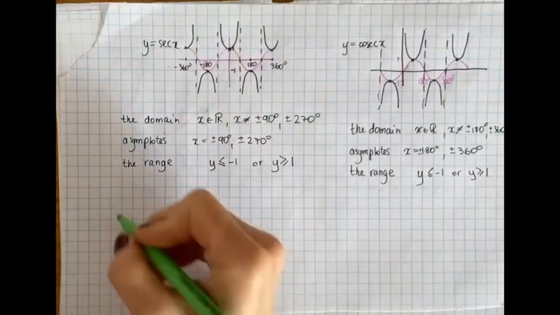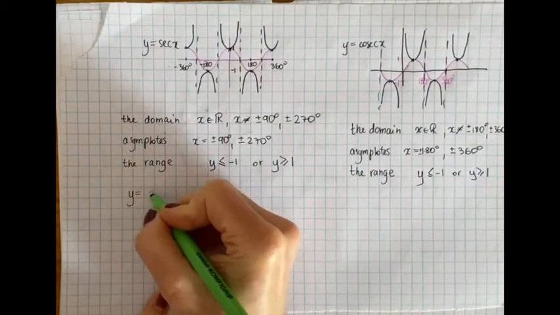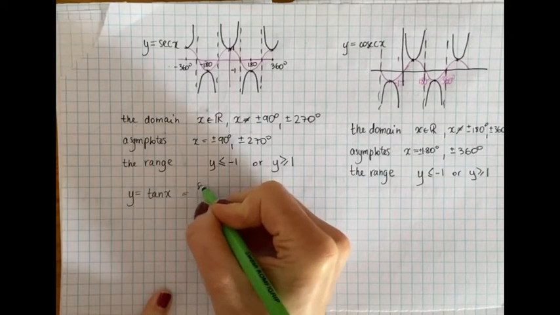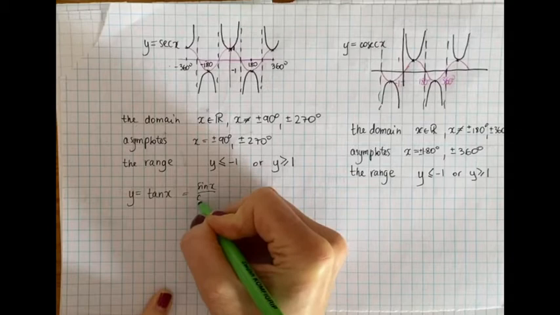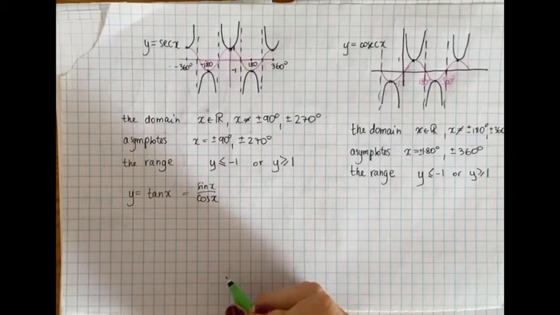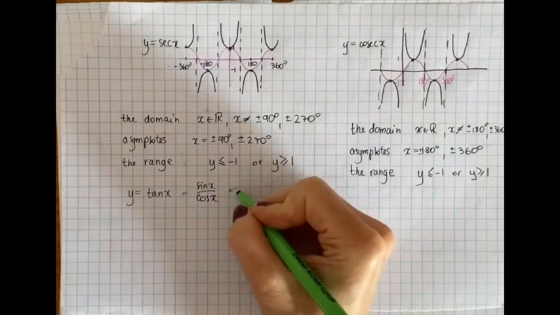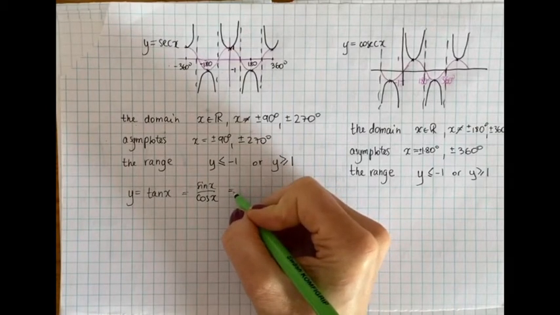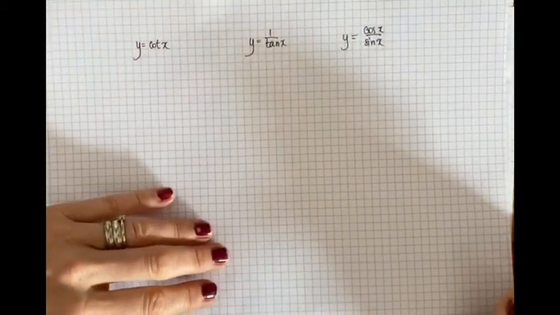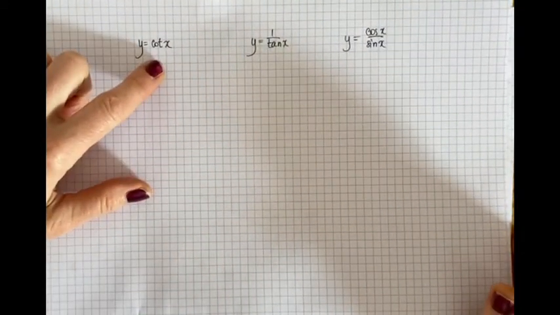Okay, and finally we've got tan. To sketch tan x, we're going to use both definitions. Okay, the last graph we're going to sketch is y equals cot x.